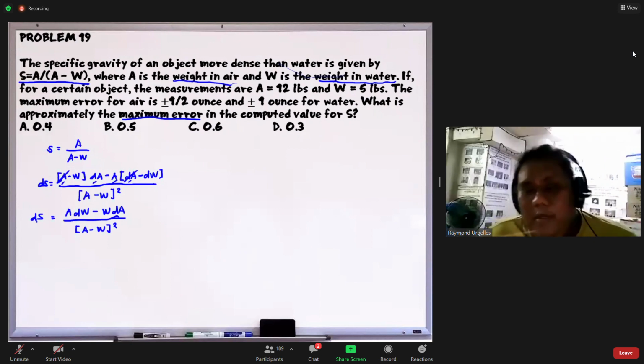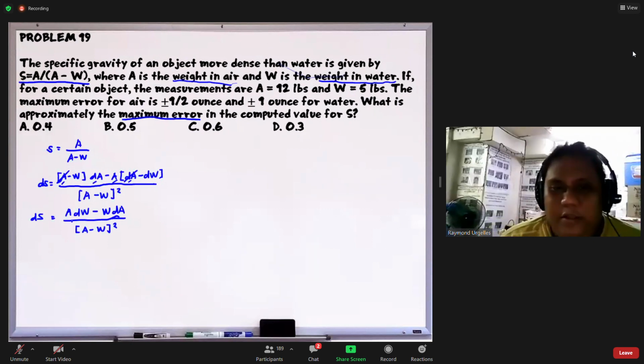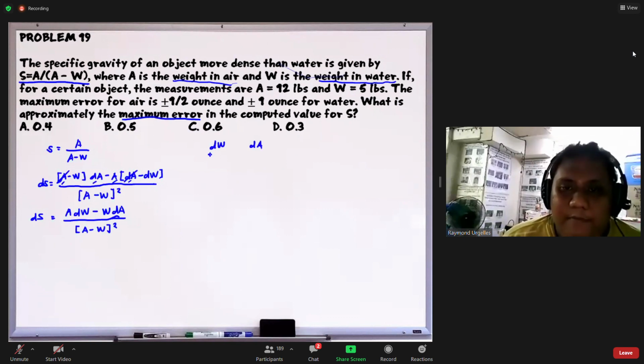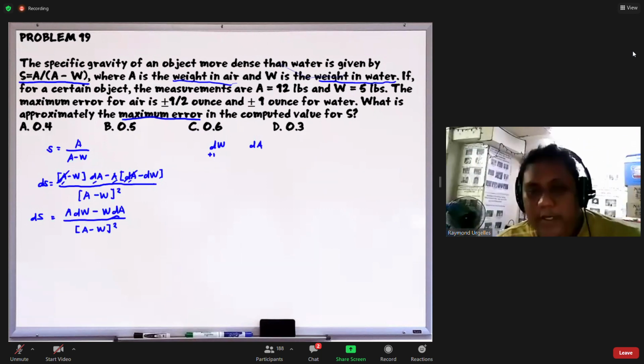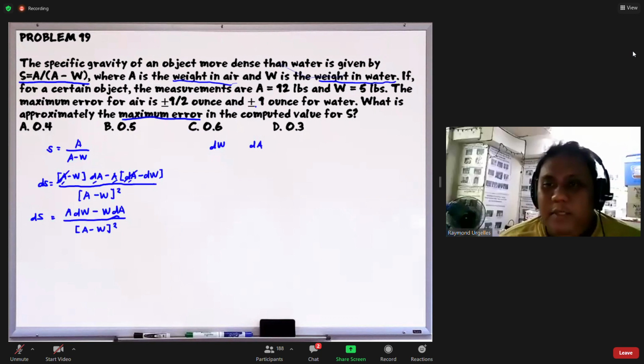No? Okay? So, now, let's consider again yung dW natin. So, again, ito yung mga possible na combinations natin for dW, dA. So, pwedeng positive 1/2 yung, or positive 1. So, yung dW natin. Okay? So, kasi plus or minus 1 yung error natin for water.